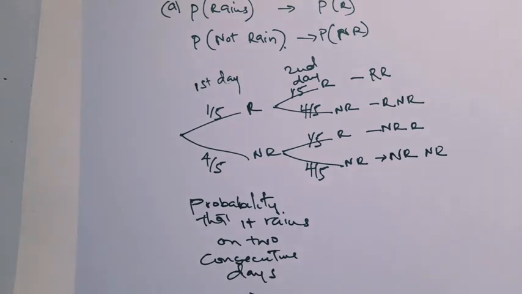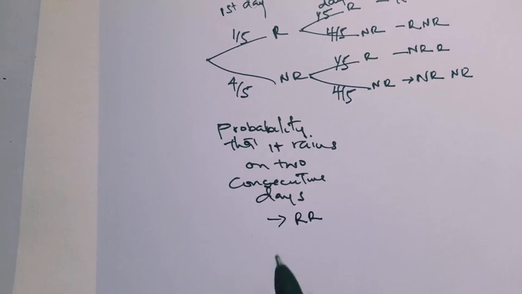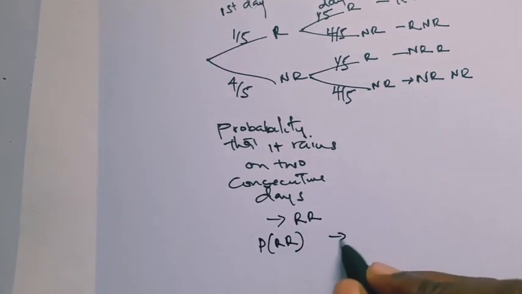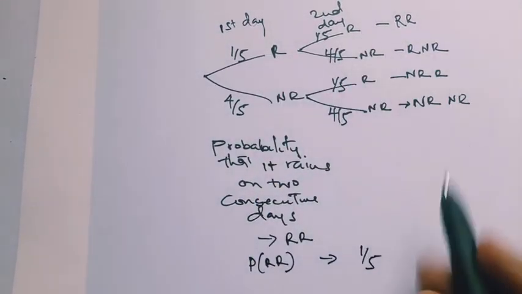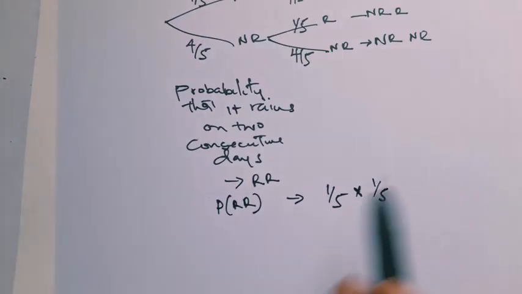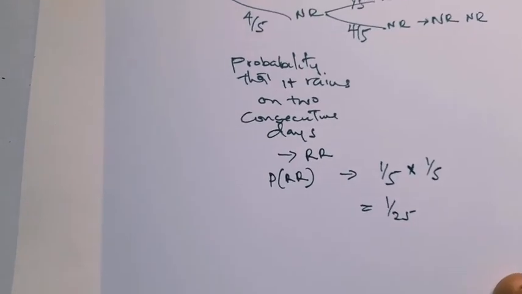So we are going to use P(RR), the probability that it rains for 2 consecutive days. We just substitute the values as 1/5 as per the tree diagram, times 1/5, and this simplifies to 1/25. So that's the first part of the question.